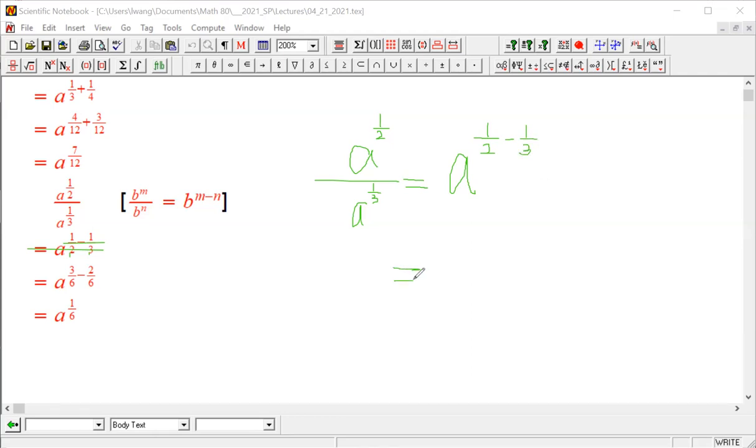And keep going. a to the power of 3/6 minus 2/6. And last step, same denominator, 6 is kept, 3 minus 2 is 1.